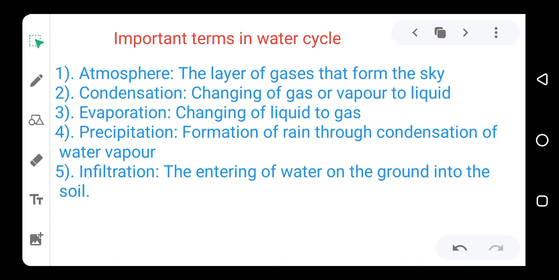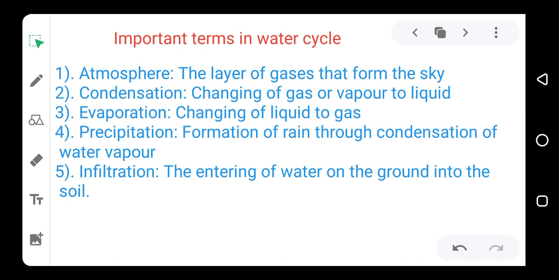Maybe from the sea, it will now evaporate and everything will move up to the atmosphere, which we also call sky. Now, condensation. Condensation means changing of gas to water. Like when you are boiling your water, it will start evaporating. What is coming out is what we call vapor or gas or water gas. Water gas is called vapor. So from that gas or vapor, it can cool down.